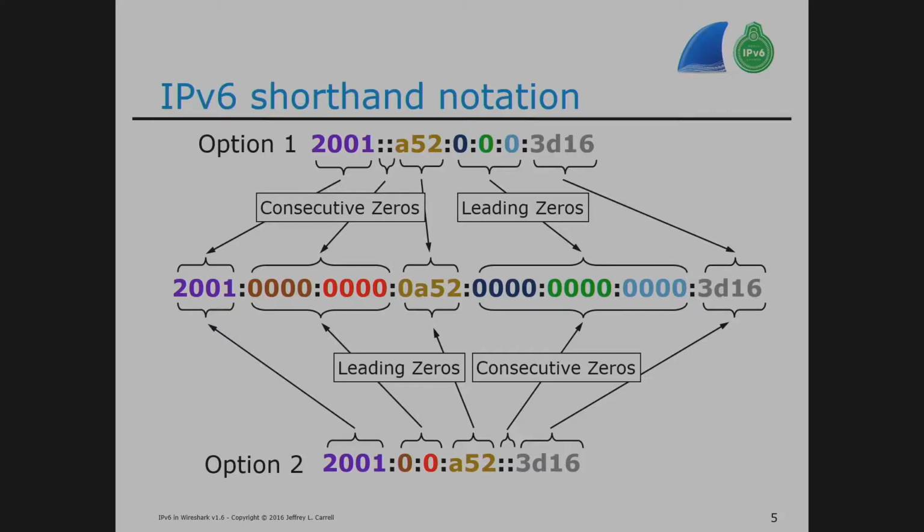So if you see an address represented, I'm going to kind of draw over here, sorry, a little bit easier. If you see an address, can't even draw. 2001:DB8:1:2::/64.